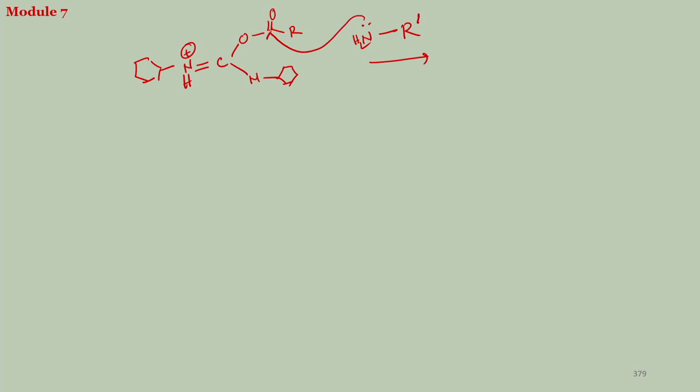So, this would attack the carbonyl carbon, this would come here and this is the driving force for doing that. So, what you now get is, if I write from the R part, R CO NH R prime, you have your peptide bond formed, plus you have the side product, that is this.